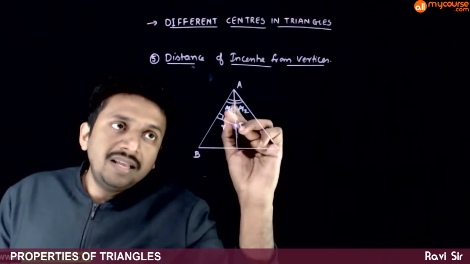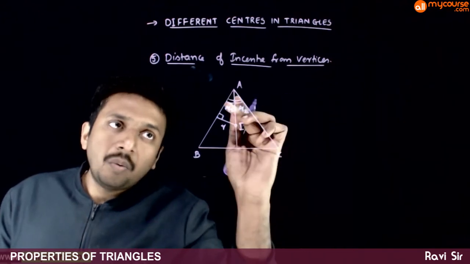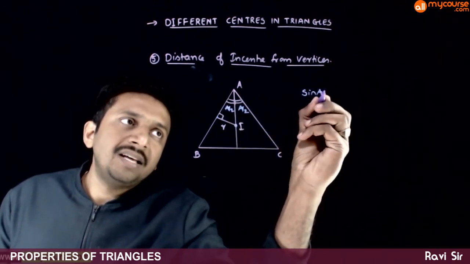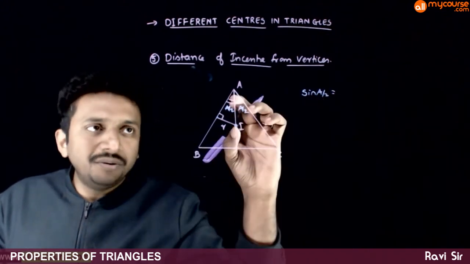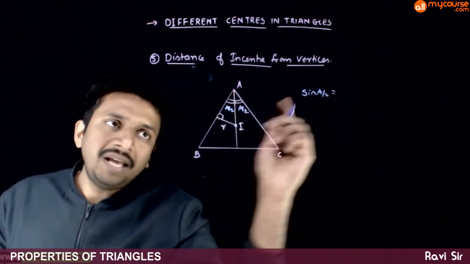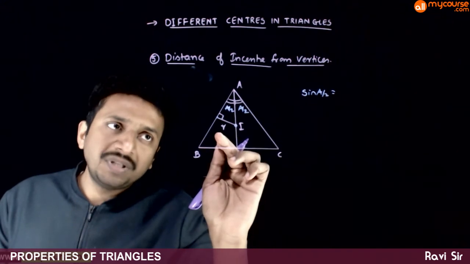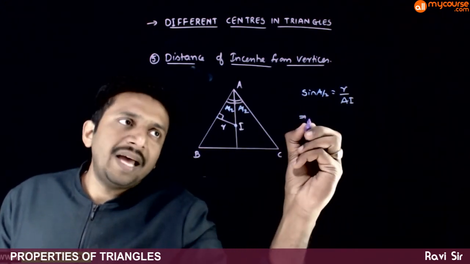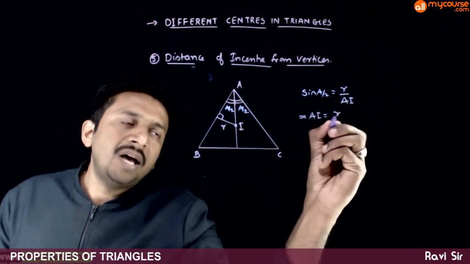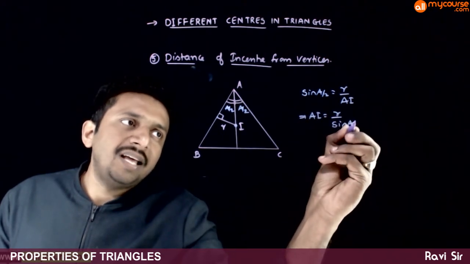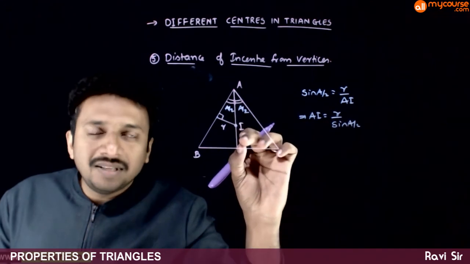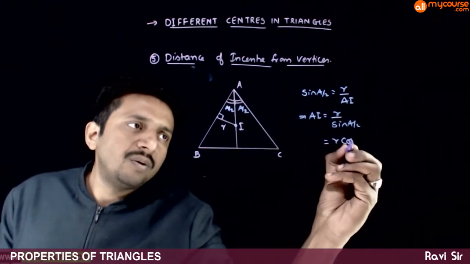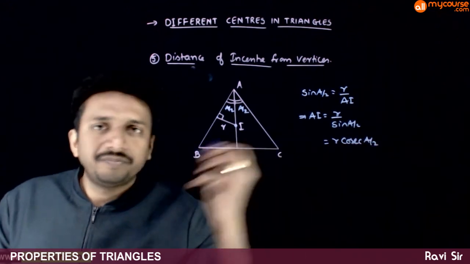Now in this right angle triangle, what is sine A by 2? Sine A by 2 is equal to r by AI, opposite side by hypotenuse. This implies AI is equal to r by sine A by 2, or the distance of incenter from the vertex A is nothing but r cosecant A by 2.